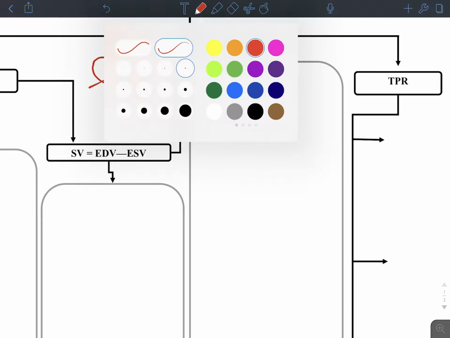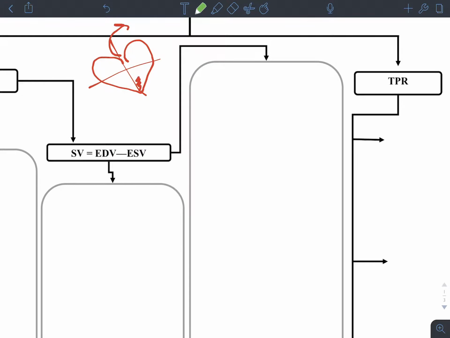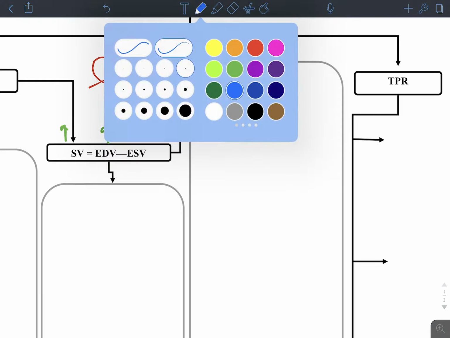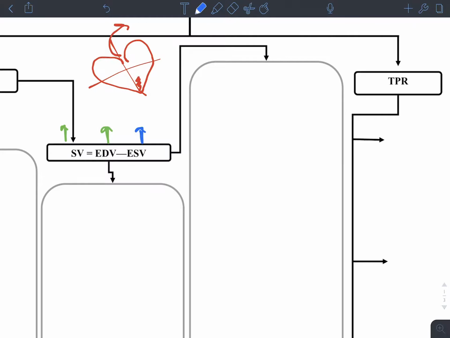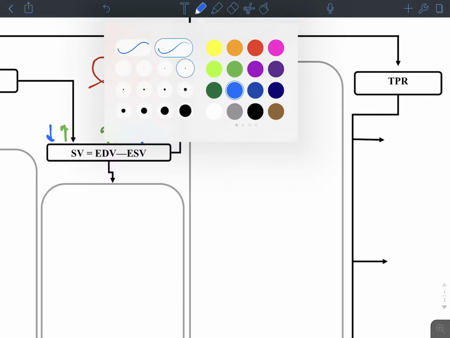And I'd also like to point out that the relationship between EDV and stroke volume is proportional. So if EDV increases, stroke volume will also increase. But if ESV increases, stroke volume will decrease. A good way to think about this is with some math.